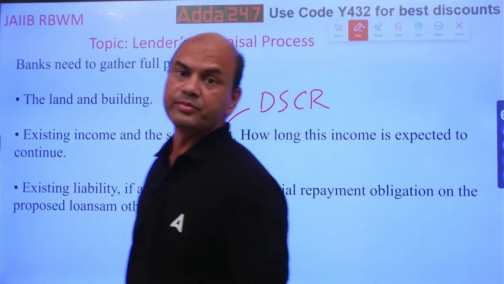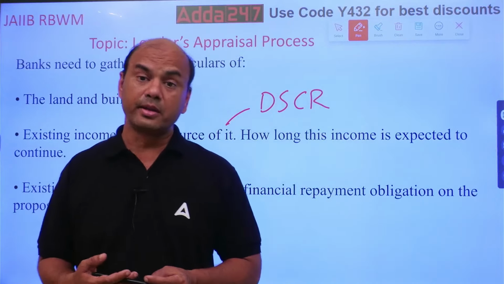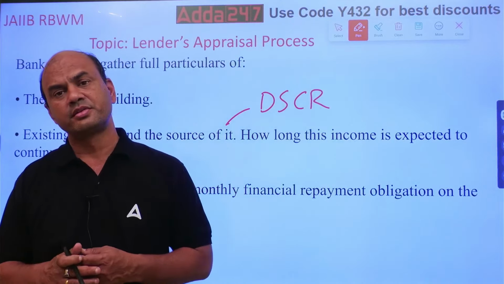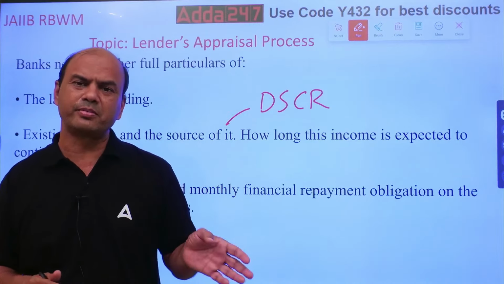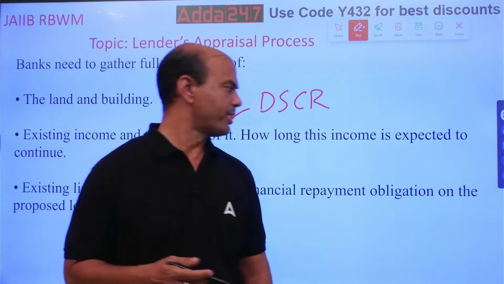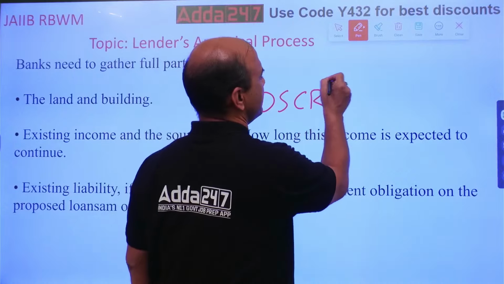There are various formulas for that. DSCR basically means your net profit plus depreciation plus interest on long-term loans, upon your total EMI. I'll write it in the short form.